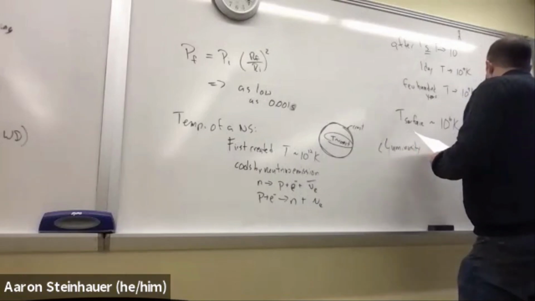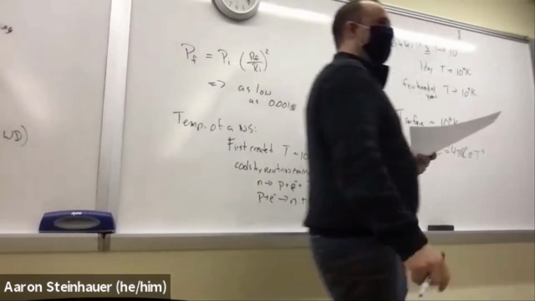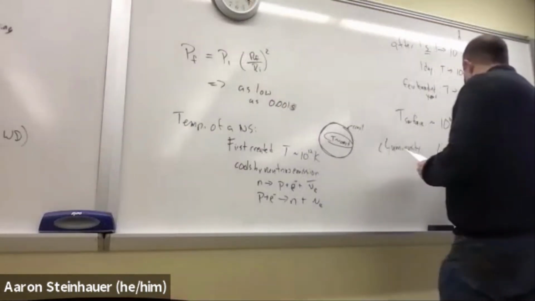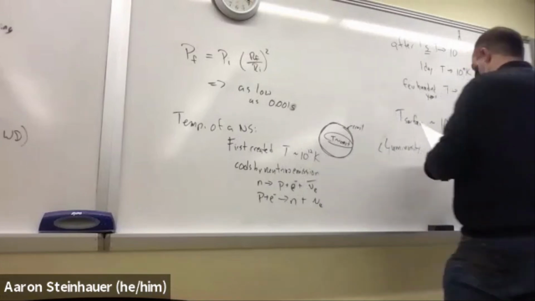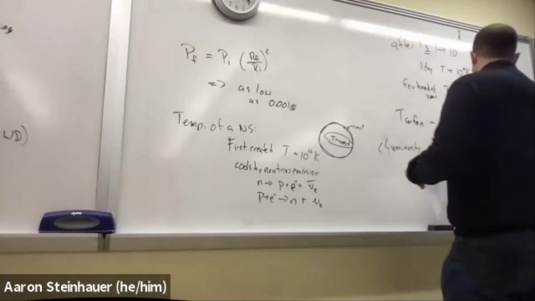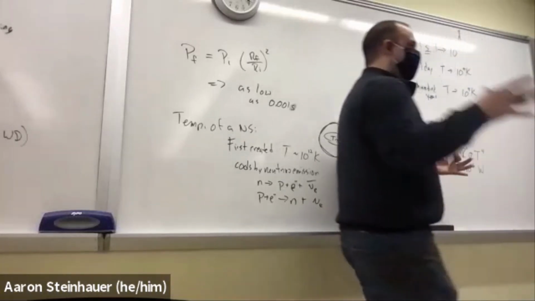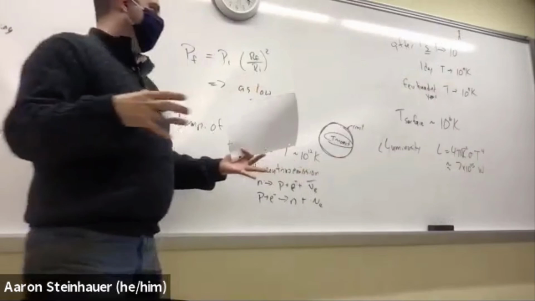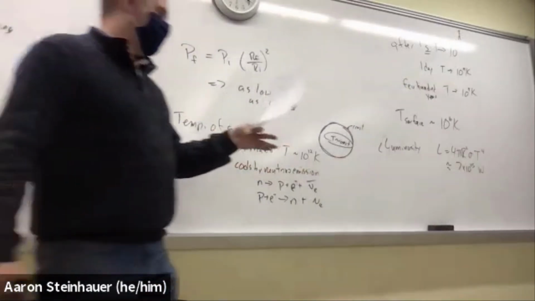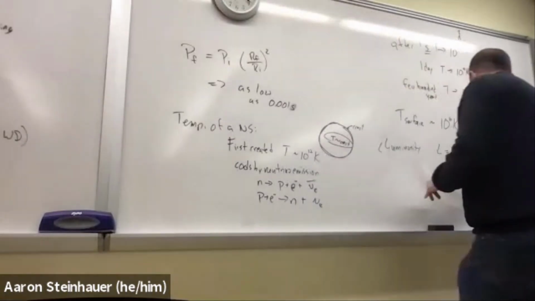If you remember one equation from this class, it's probably going to be that one. It's an important one. You plug all those numbers in, and you get about 7 times 10 to the 25 watts for a 10 to the 6 Kelvin object at about 10 kilometers in radius. That's pretty bright. That's about 20% the luminosity of the sun.